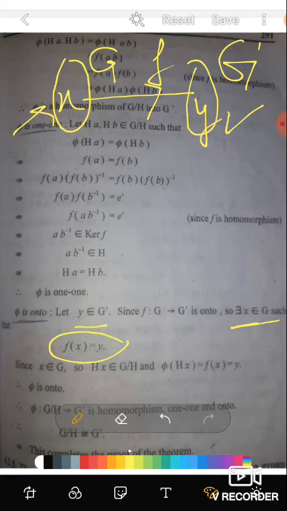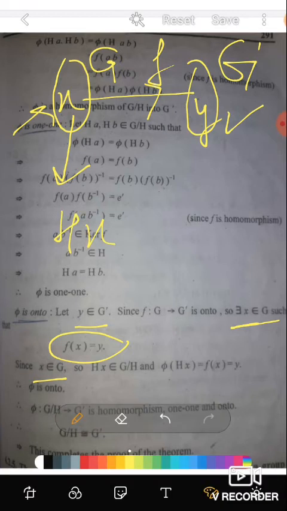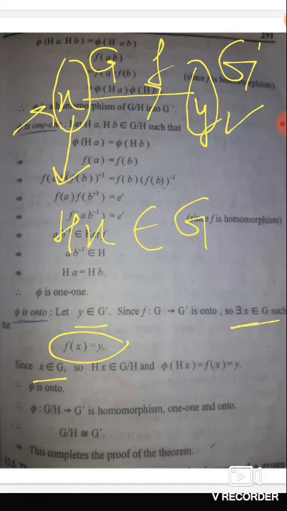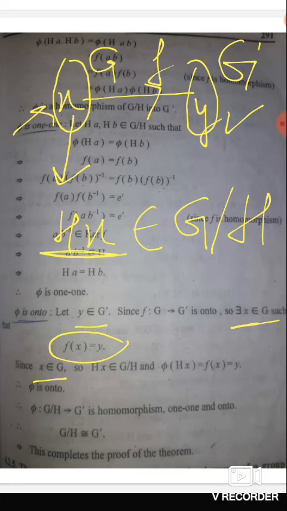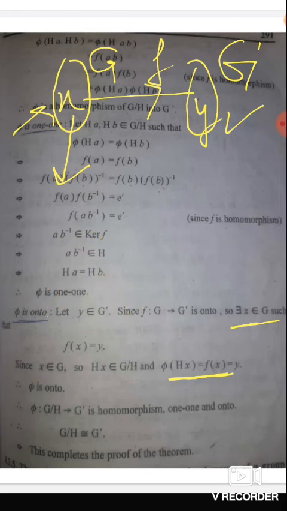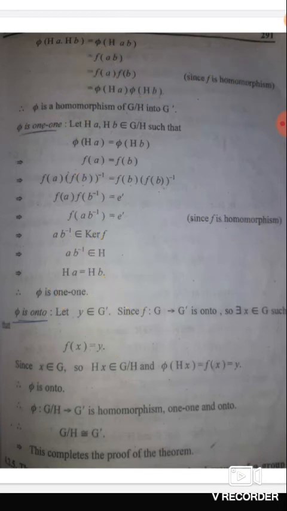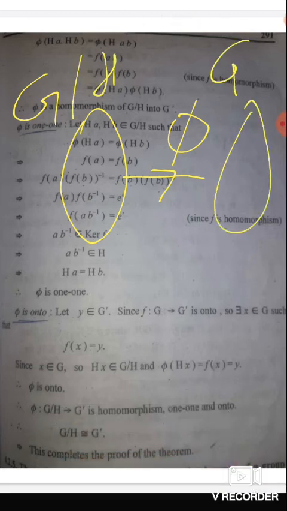Also we know that x belongs to G. Fine. So with the help of this element we can make this coset, and this type of coset belongs to the quotient group. Fine. Also we know that the image of this element will be equal to f of x. And why is this so? Because we are taking the phi function from the quotient group to G dash.